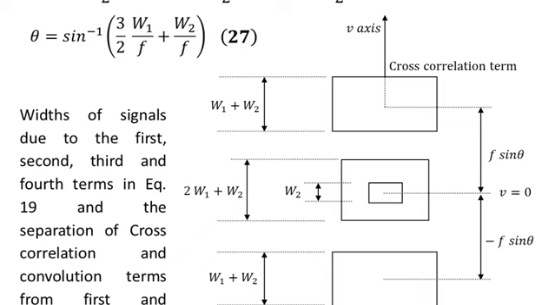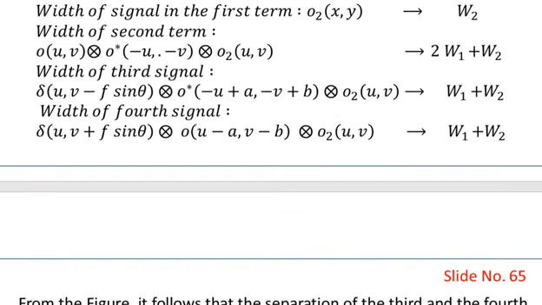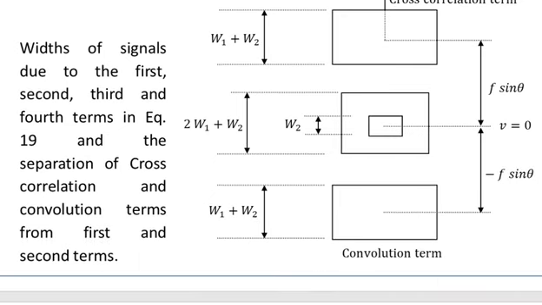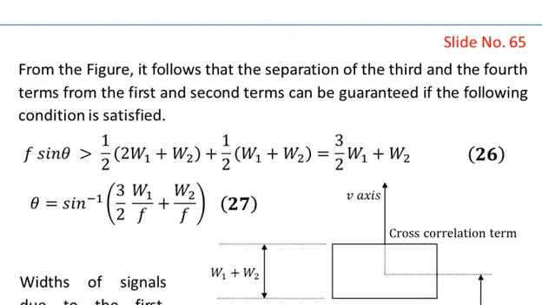Now look at the cross term. We have calculated the widths of the third and fourth terms, both W1 plus W2. We have shown the cross correlation term, the third term, with width W1 plus W2, and similarly the width of the convolution term, the fourth term, W1 plus W2. In the diagram they are shown separated from the central region, and for that we need some conditions.